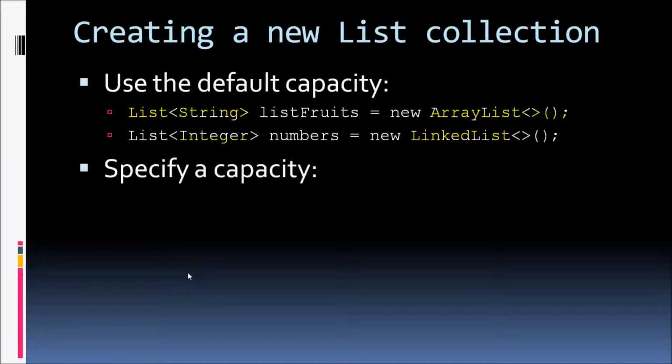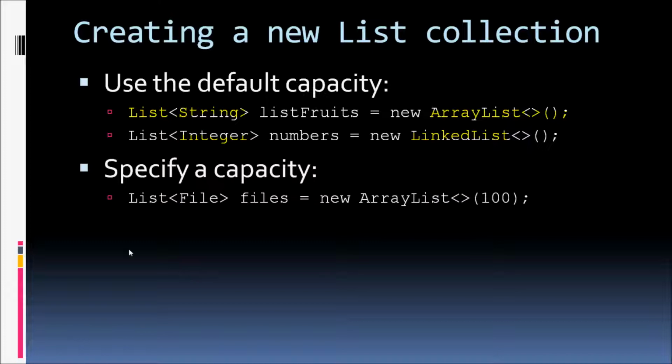And if you want to specify a capacity when creating a new list collection, you can pass the capacity number to the constructor of the ArrayList class here.